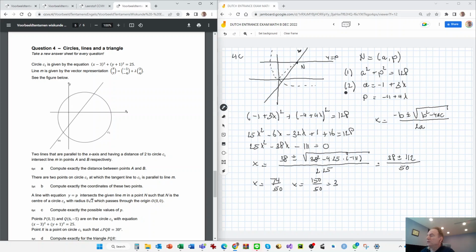So yeah, there are actually two values possible for p.